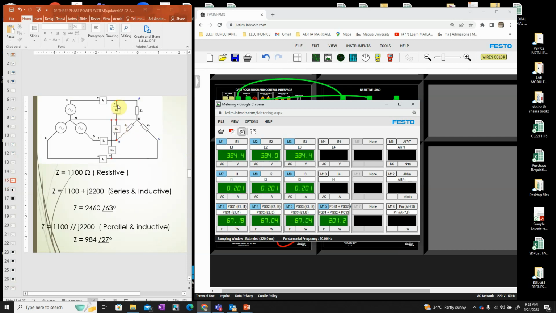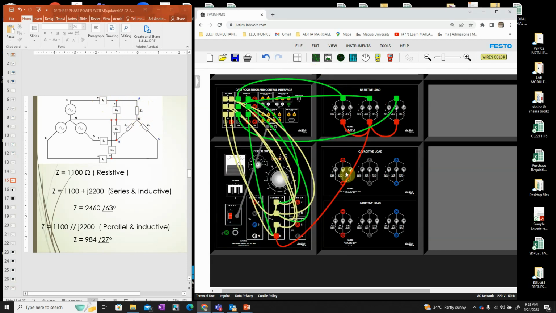When you are measuring line current multiplied by the phase voltage. Okay, so this is how you connect the voltages, voltmeter.